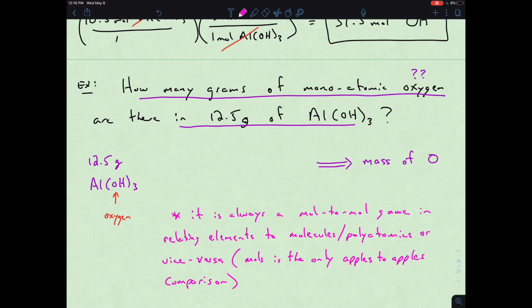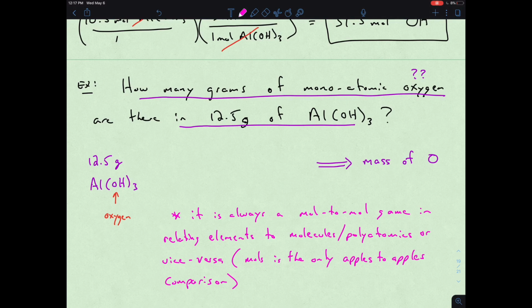So we can't relate these two molecules on the mass basis, and that's true for everything across the board. The whole game is the mole to mole game. You got to get them into moles. Once we're into moles, well, a mole is a constant number, right? It's 6.022 times 10 to the 23rd, just like a dozen is a constant number, which is 12.